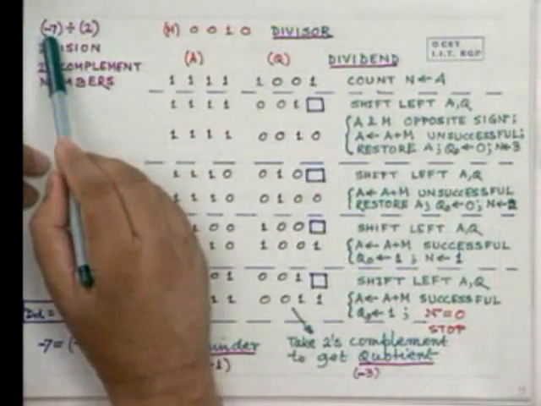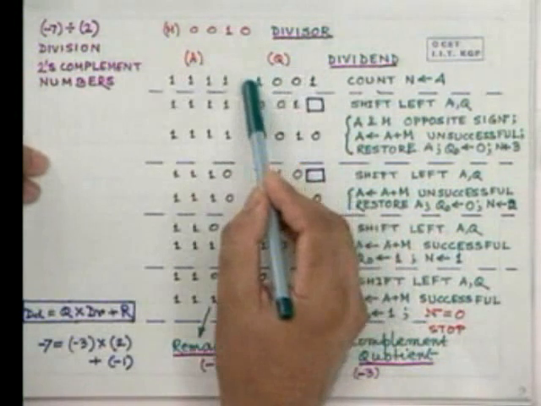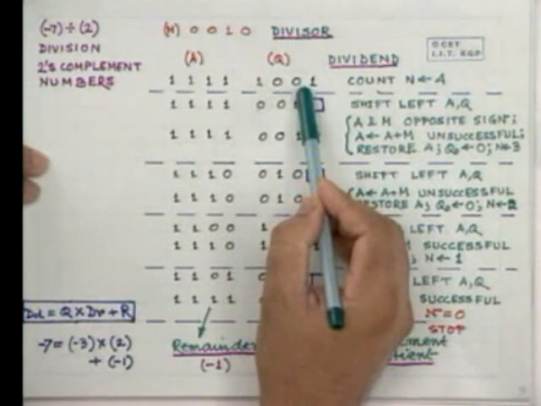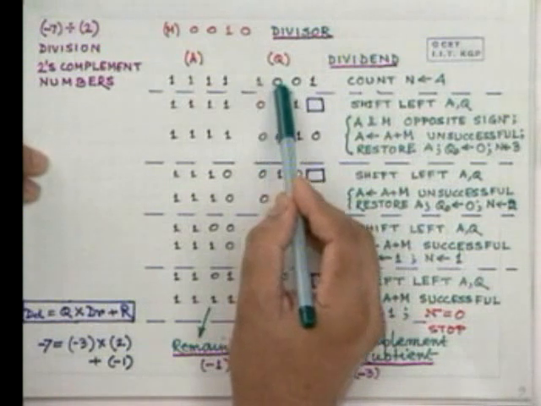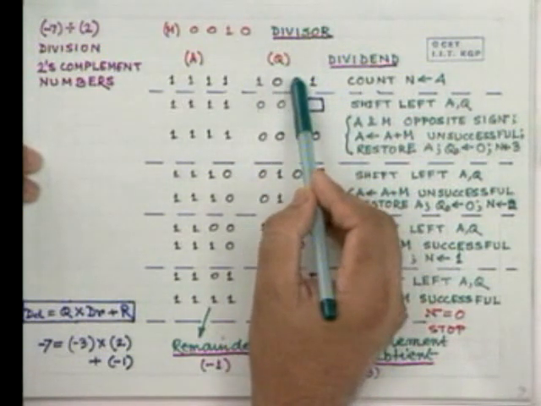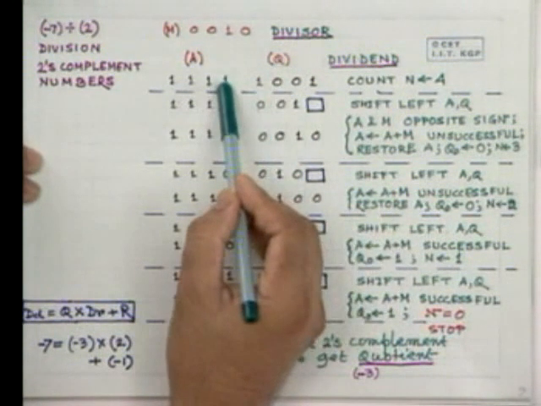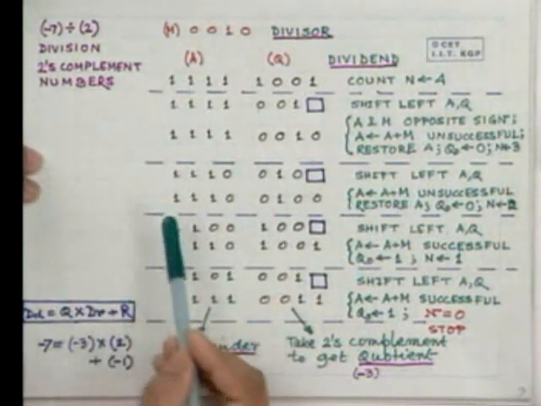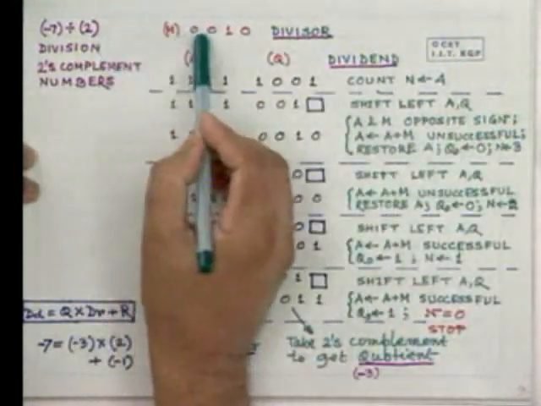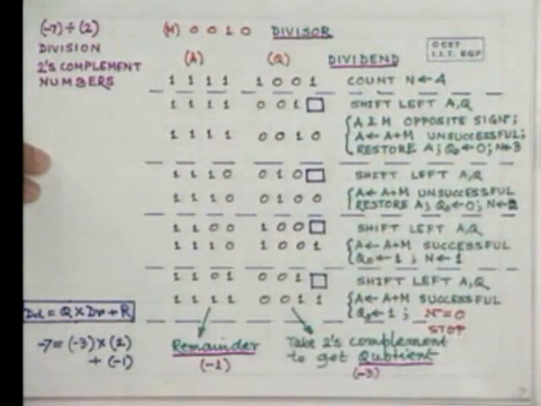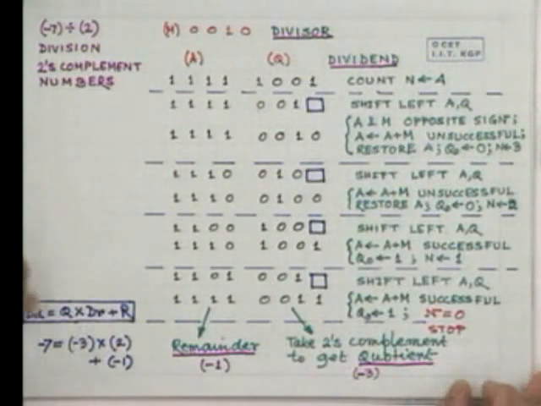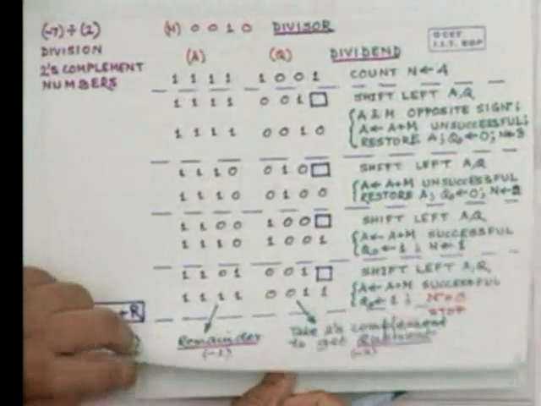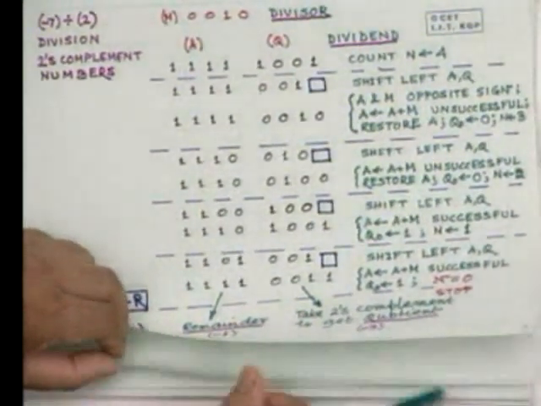The dividend is minus 7, a negative number represented in 2's complement form, that will be 1, 0, 0, 1, that is pushed into Q, and the sign bit has been propagated into the A register. And it's a 4-bit number, so we set the count to be 4. Now let us go step by step as per the algorithm.